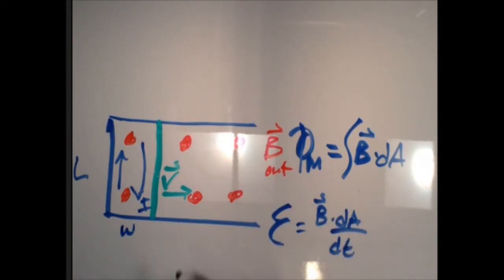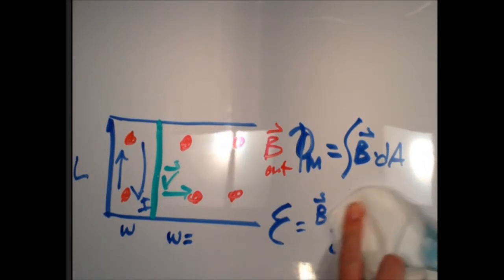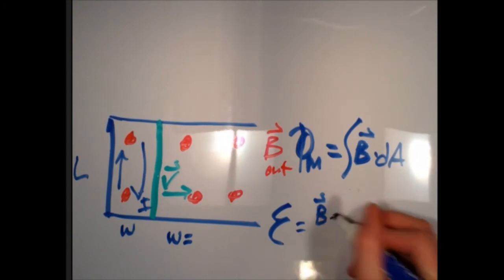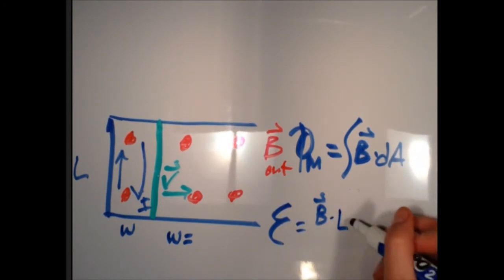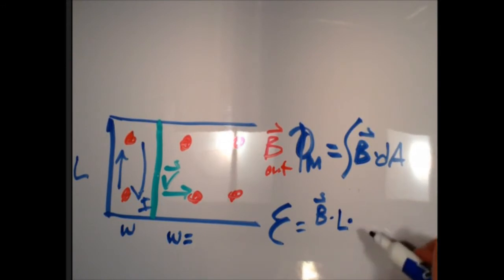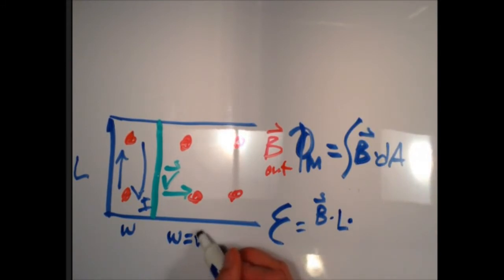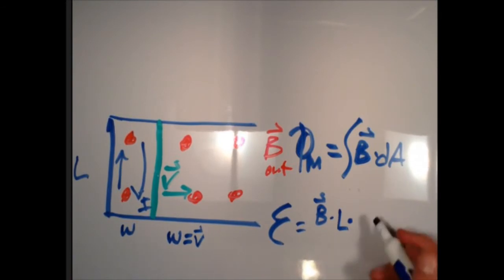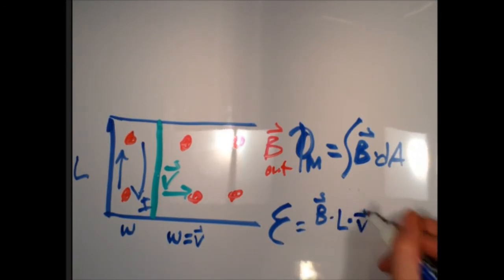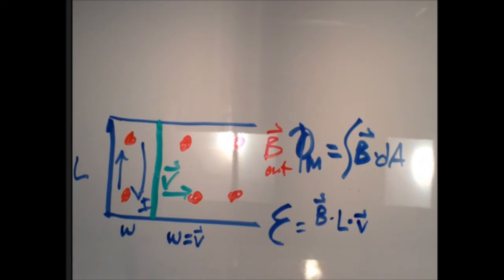So my width is dependent upon the velocity, how far I've gone. Your area would be length times your width, but the width is just how far I've gone. So BLv, that's going to be the induced EMF here.